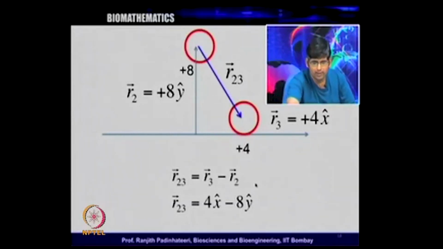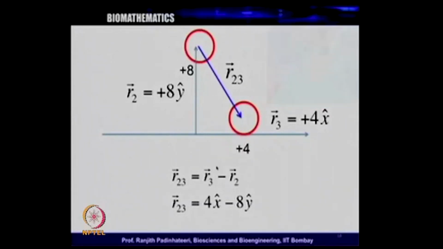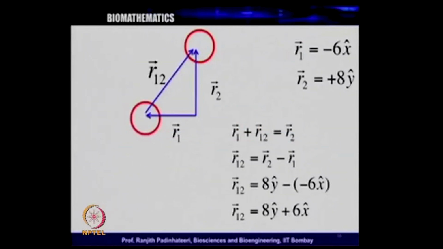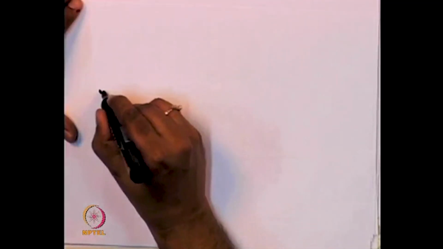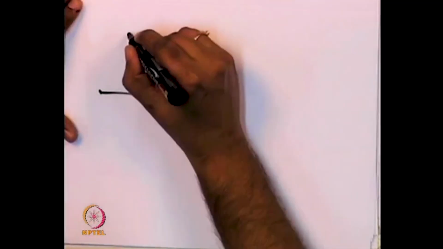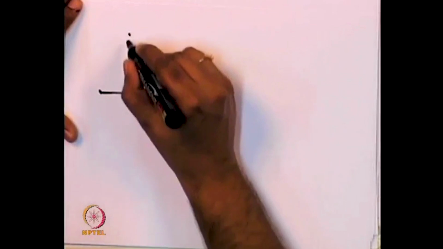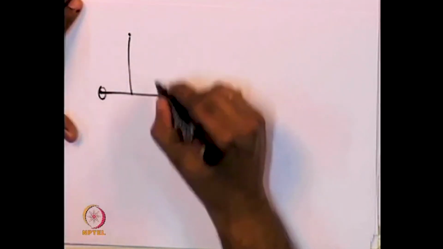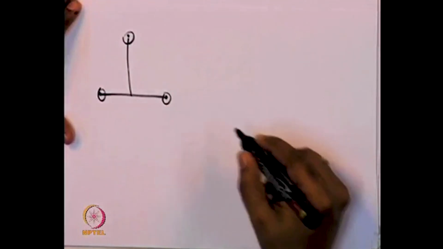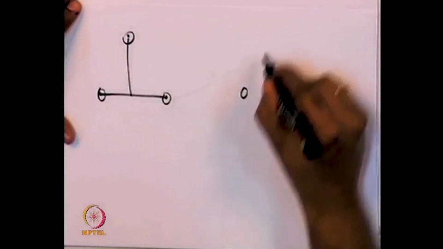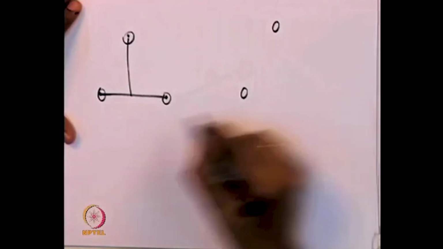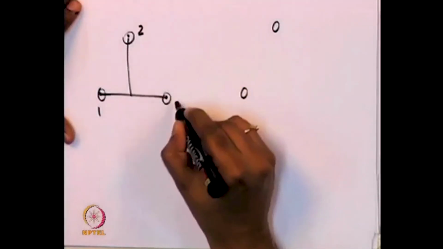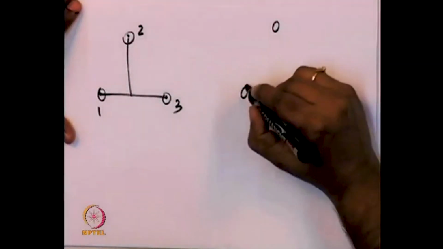So let us write down here what we got. We have these three charges here, and I call this 1, this 2 and this 3.